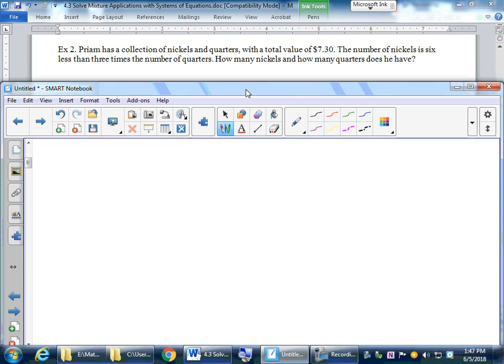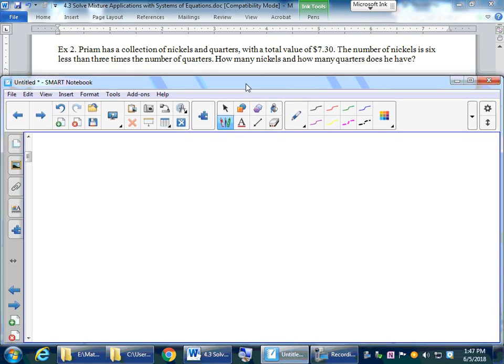In this example, let's say that a person collects nickels and quarters, and the total dollar amount of that collection is $7.30. And it said that the number of nickels is 6 less than 3 times the number of quarters. So now we want to know how many quarters and how many nickels are in the collection.